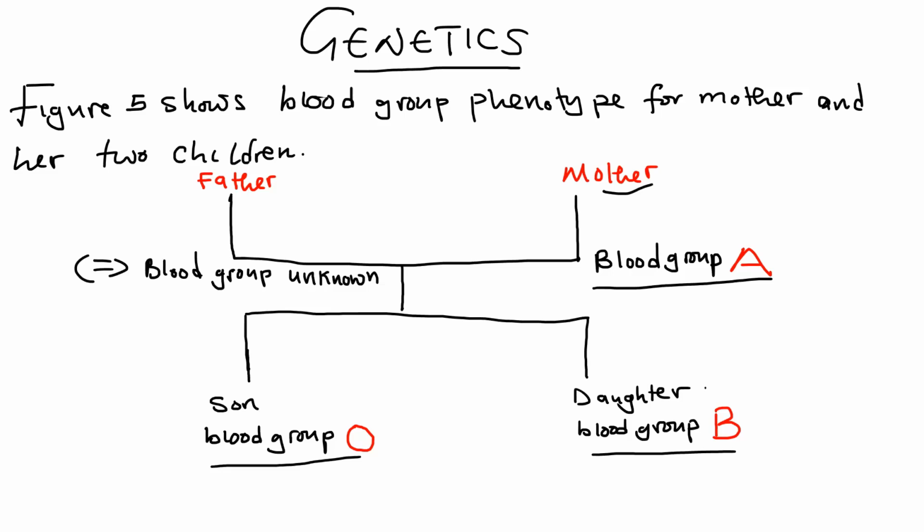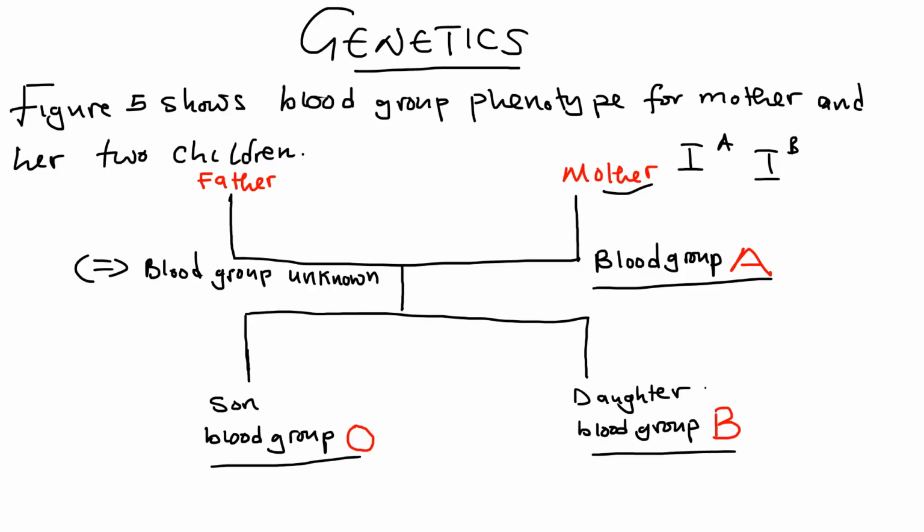Now let me explain something before we go into looking at the question. The first thing you need to know is that blood groups are determined by A and B alleles.